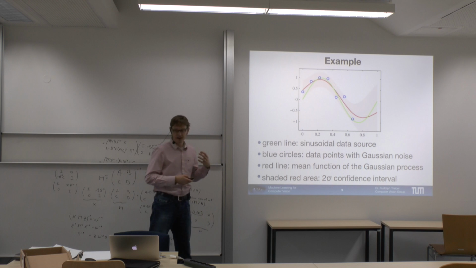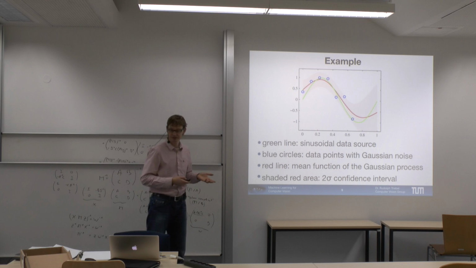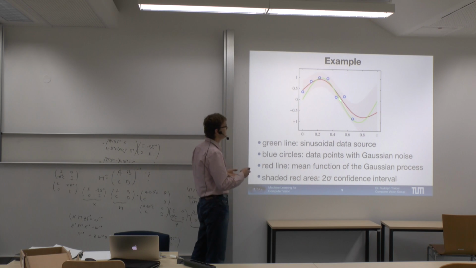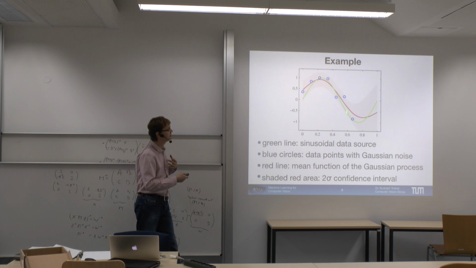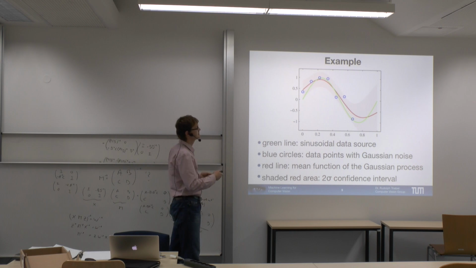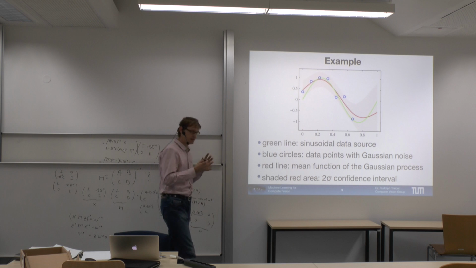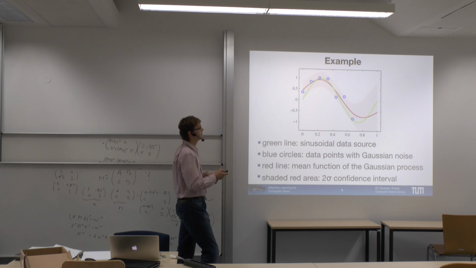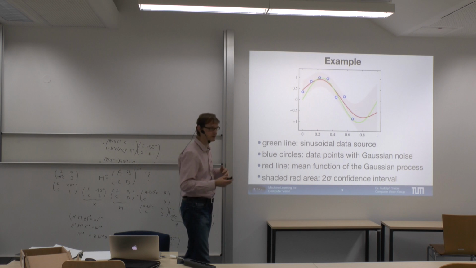We have to think of this as a function which is a sample from the Gaussian process. The most likely sample is the mean function, the red line here. But if we sample very often, we will have other functions that are very often within the reddish area. They are not exactly the mean, but we expect them to be very close to the mean, which is exactly the same concept as with Gaussian distributions, just now applied to functions.